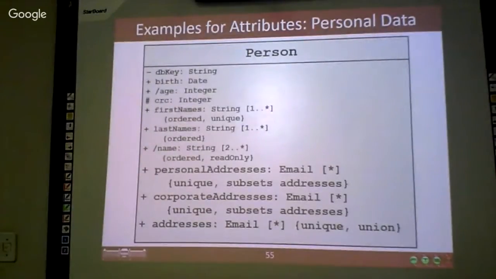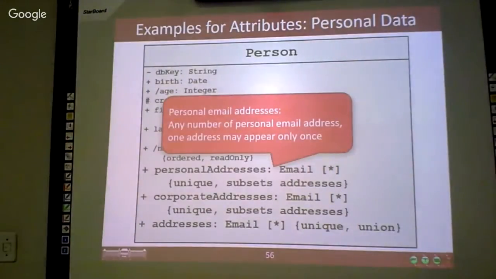And we can also store the addresses. So here you can see the personal addresses. Actually, any number of personal email addresses can be stored. That's why we used this star notation. And one address may appear only once here.